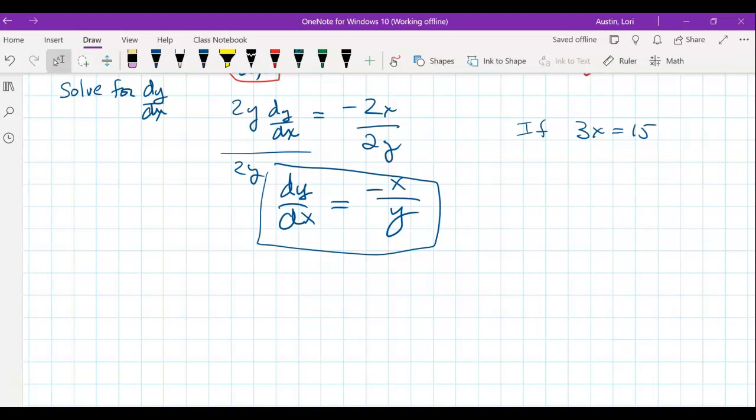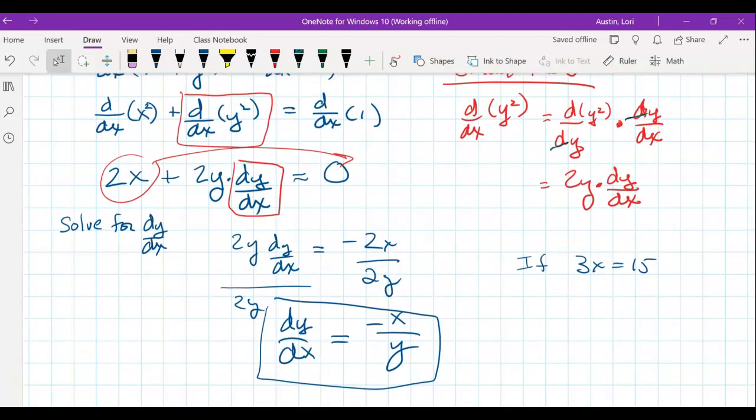Yes. Here. Yeah. You're taking the derivative of that term with respect to x, which is why we have to use the chain rule, which is over here.